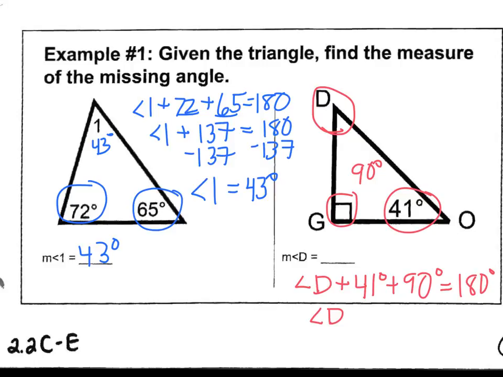So I have that angle D plus 131 is equal to 180. And if I subtract 131 from 180, I get that angle D has to be 49 degrees. Which if I plug that in and add up all three angles, I should get 180 degrees.